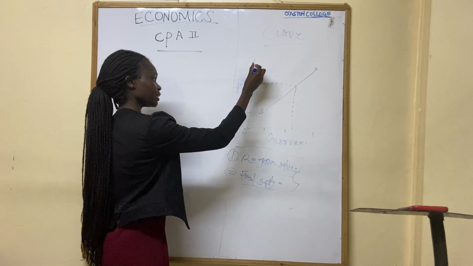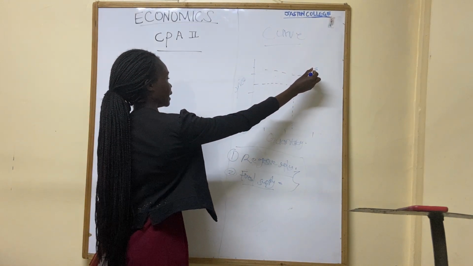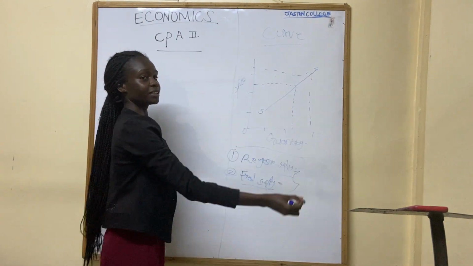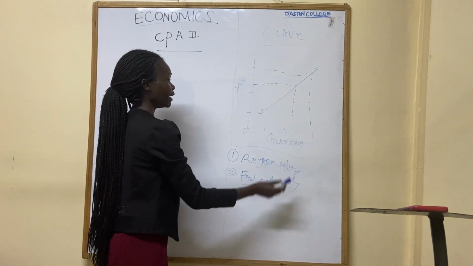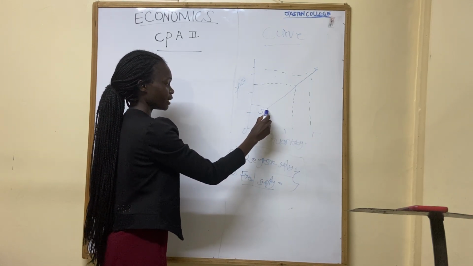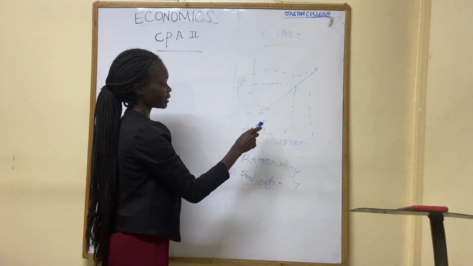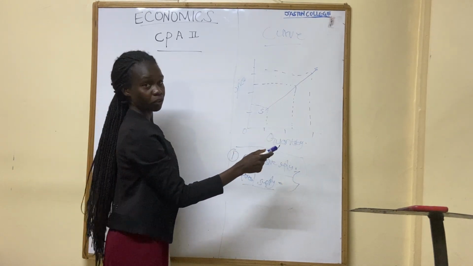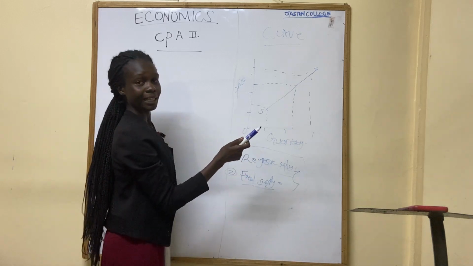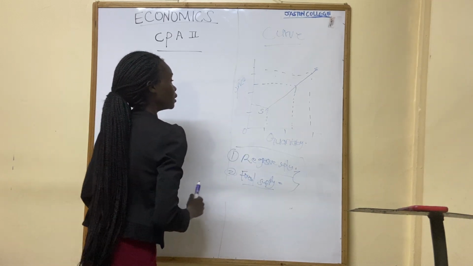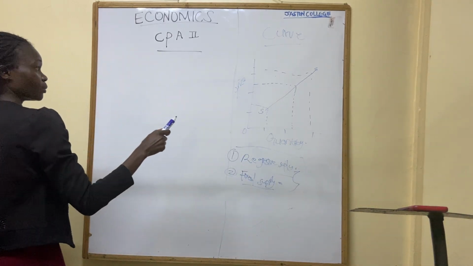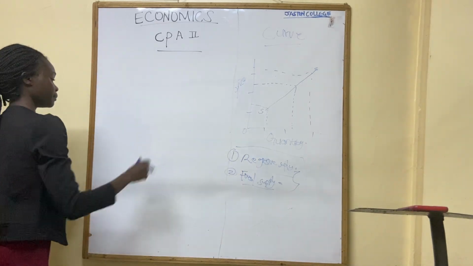When the price goes up, the quantity supplied will be higher, and when the price goes down, the quantity supplied will be down. The suppliers will not supply more goods because of low price; they won't make a lot of profit.